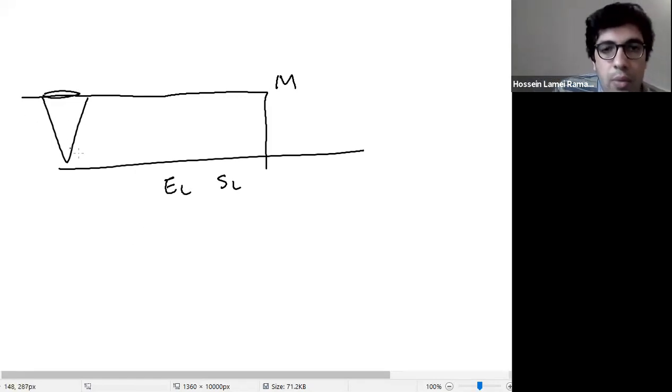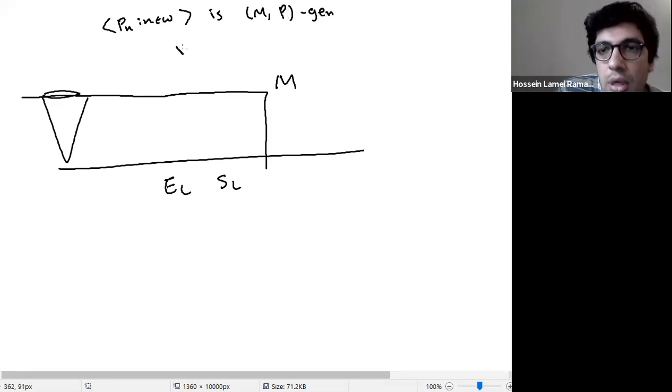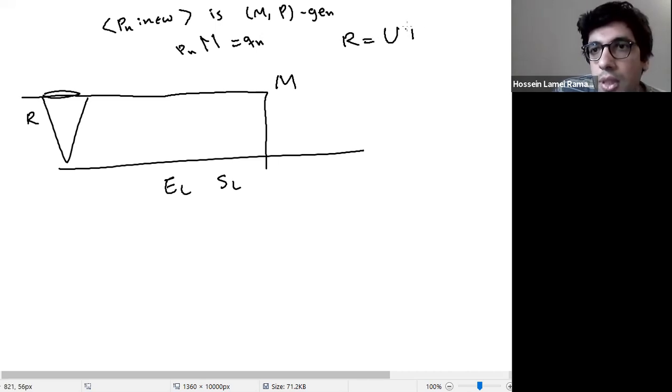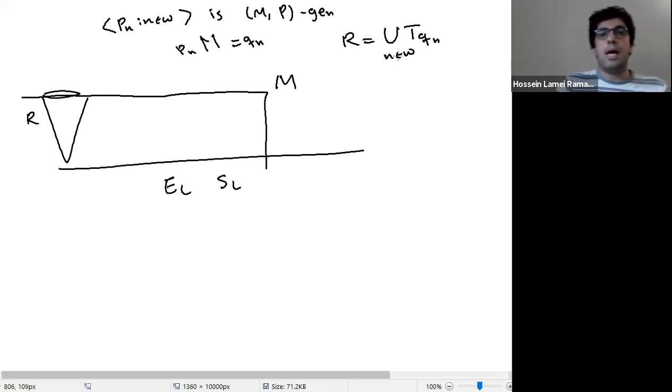When we look at this, this is Pn, and in omega it is M-P generic, and Pn restricted to 1 is Qn, and we are going to call this tree R, which is TQn in omega.